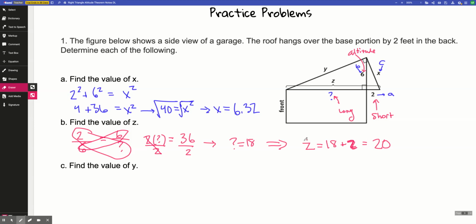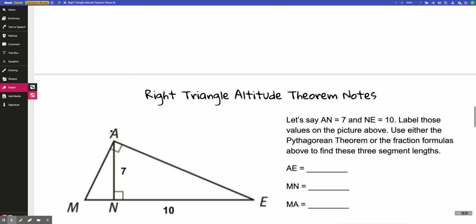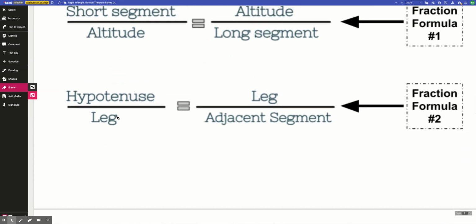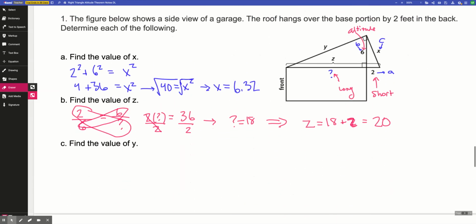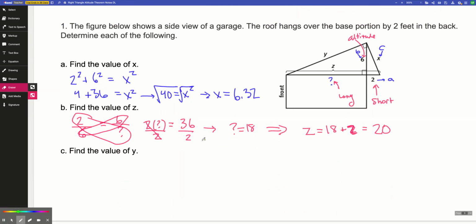Now, you can do this lots of different ways, right? Just like in the previous video, once you have most of these side lengths, you can find the last one in lots of different ways. But just to show you guys the third formula, I'm going to use fraction formula number 2, which is, let me scroll up so that you guys can see it, which is this one: hypotenuse over leg equals leg over adjacent segment, because what I'm looking for here is Y, which is the leg.